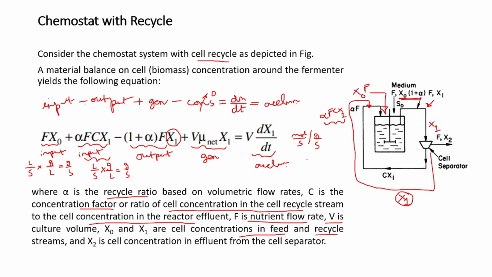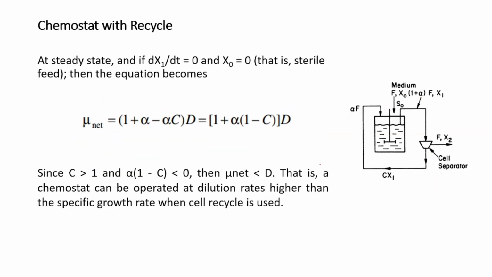Now at steady state we can set dx1/dt to be 0. So we come to the first expression here. We are setting this term as steady state. There will be no accumulation, so whatever is coming is equal to whatever is leaving. So this term can be set to 0, and the right hand side becomes 0.